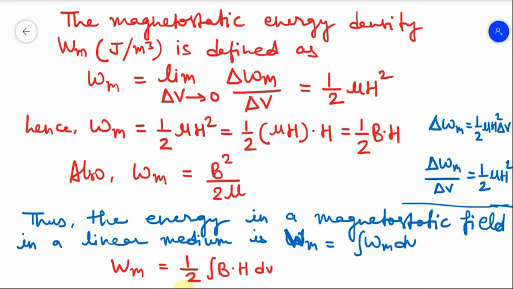The total energy can be represented as the integration of wm, the volume integral of half bh, and it may also be equal to half integration of mu h square dV.